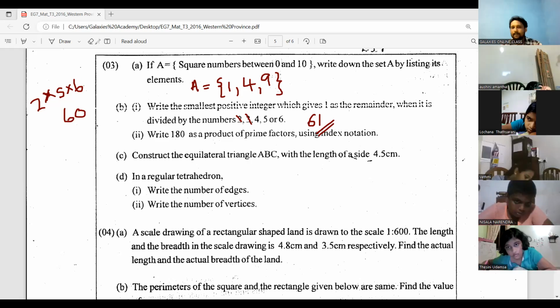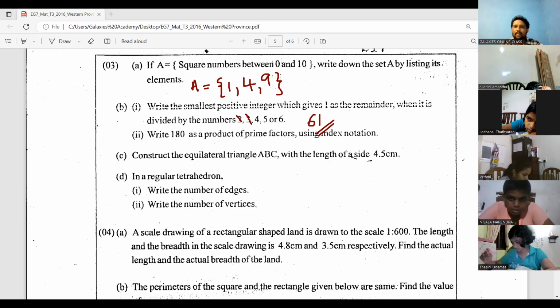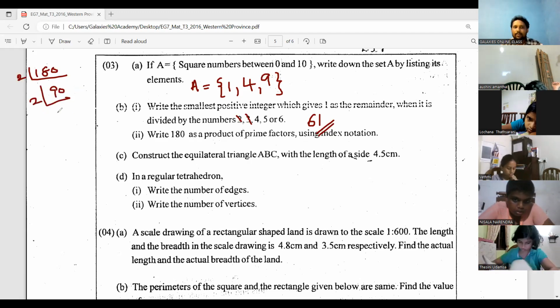That's the answer. Right. Number 2, write 180 as a product of prime factors using index notation. How can you get the answer? 180, you have to divide by prime numbers. 180 divide 2, 90. 90 divide 2, 45. 45 we can divide by 3, 15.